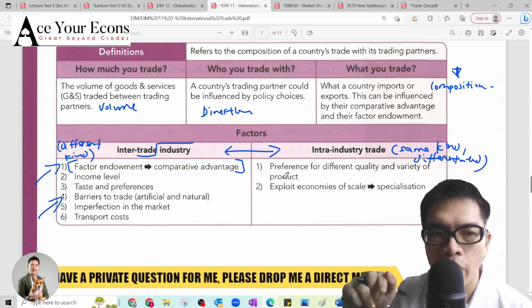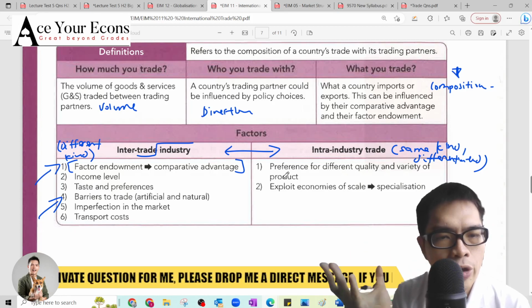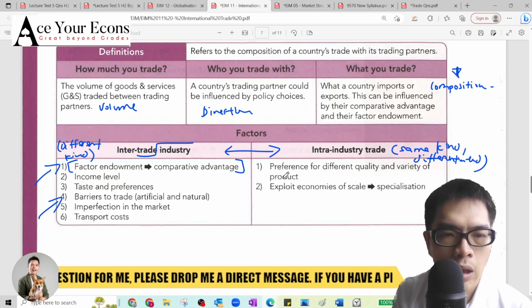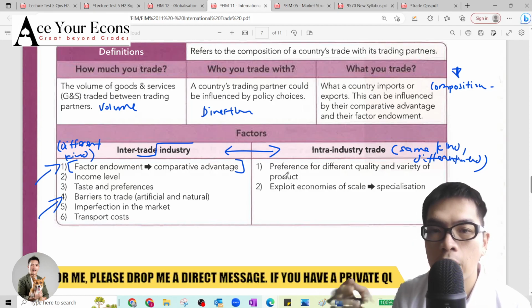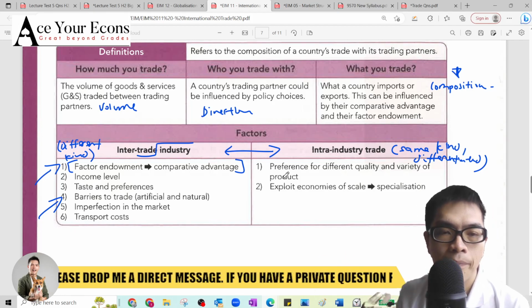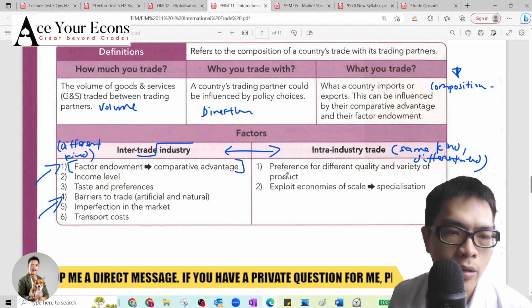So also look out for comparative disadvantage. This is some of the questions that I suspect will be coming up. Not all the time will it be comparative advantage. You can also look out for comparative disadvantage. Then it can explain the composition when you lose a particular advantage, right? What are the types of goods that you can buy and sell from the rest of the world? It will be different.